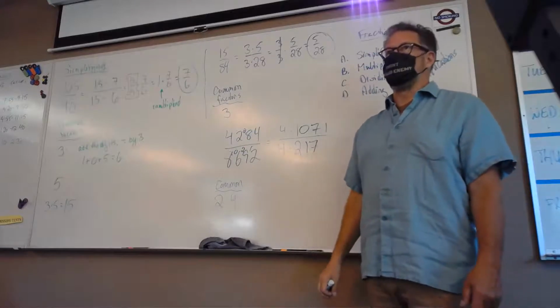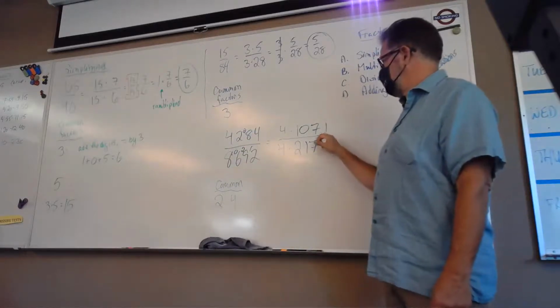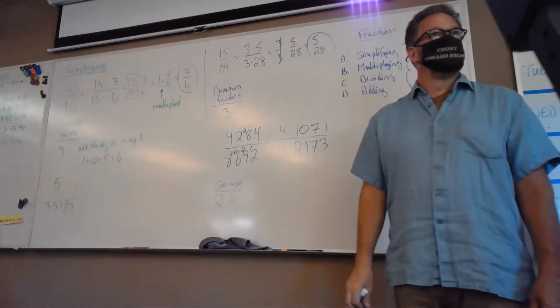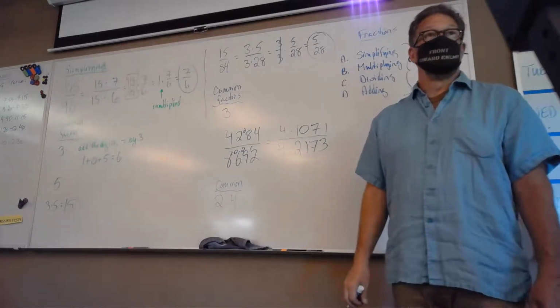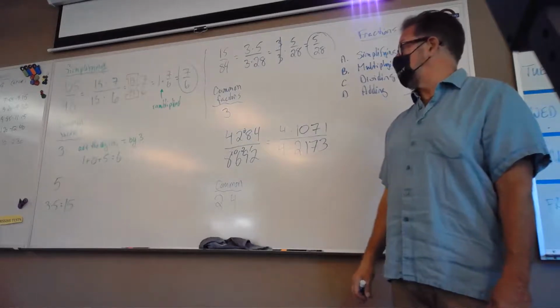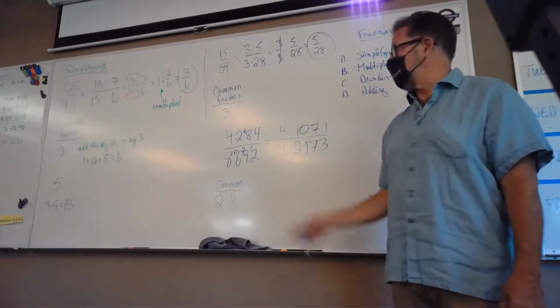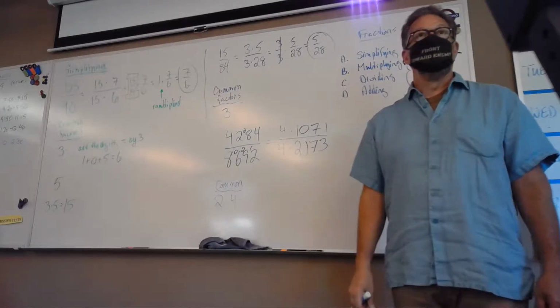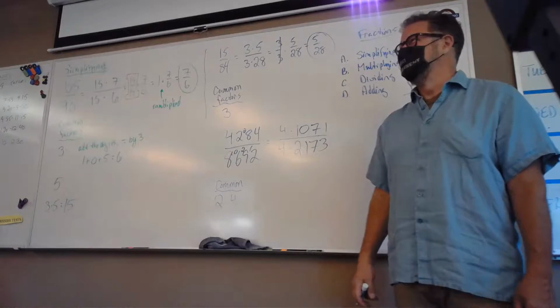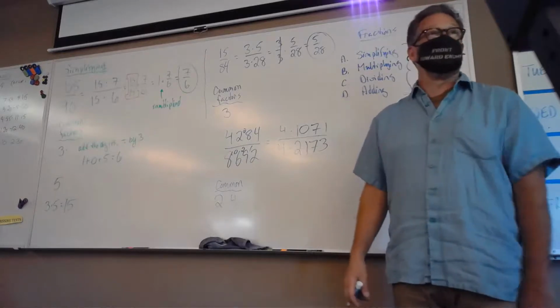Jack, 4 goes into 12 how many times? 3. Not bad. Think about it. If at the very beginning of class I'd said, quick, no calculators, 4284 divided by 4 and 8692 divided by 4, we probably all would have freaked out and said, I can't do that, it's too hard. We just did it in our heads.